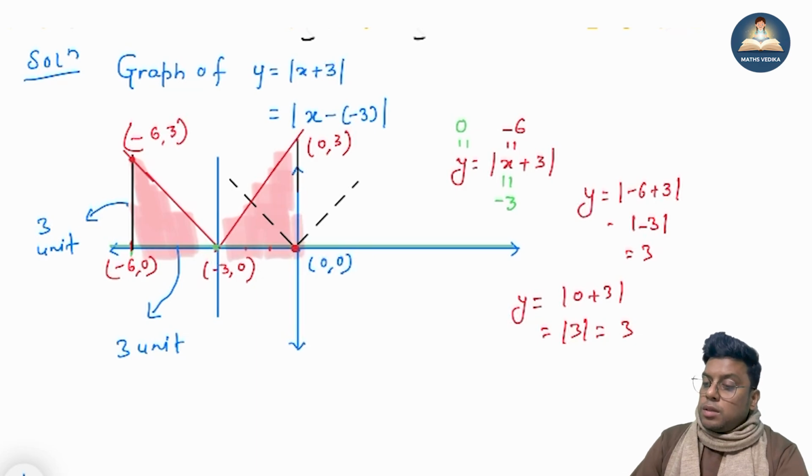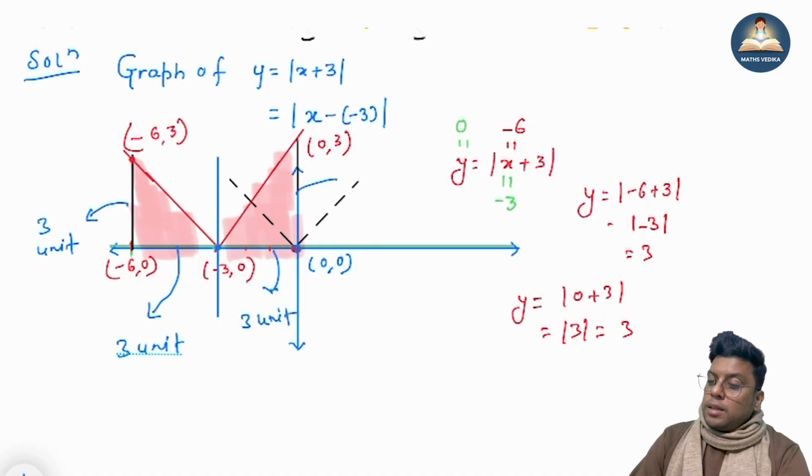Here also, in this triangle from -3 to 0, base is 3 units and height is 3 units.